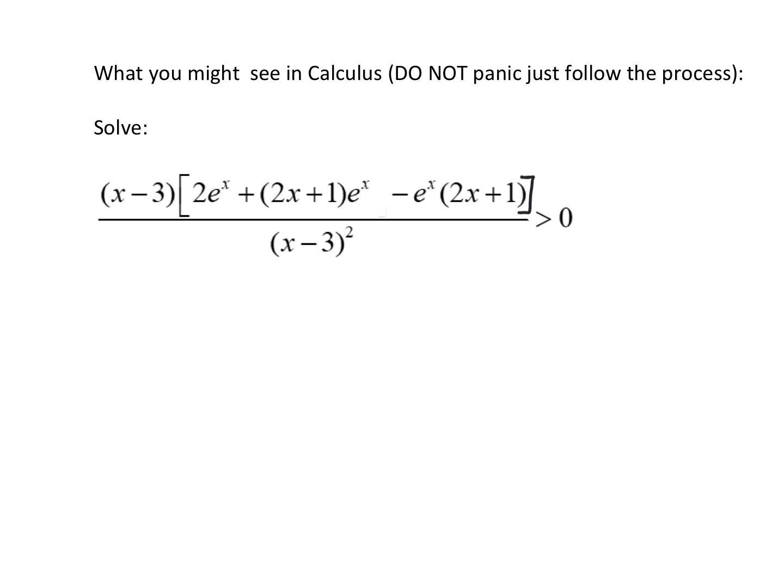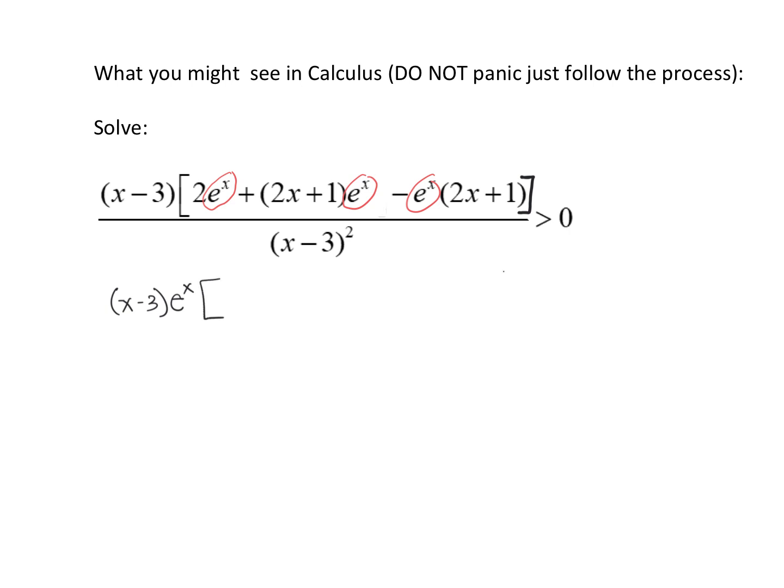So when you look at this, you might panic because it looks really scary. But as long as we follow the process that we had for the others, we'll be fine. And this is something that you might see in calculus. So the first thing I notice is that I have this e to the x in each one of these terms. And so because I have that e to the x, I'm going to factor that e to the x out. And that's going to leave me my e to the x.